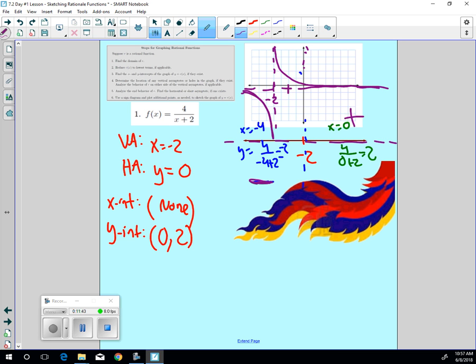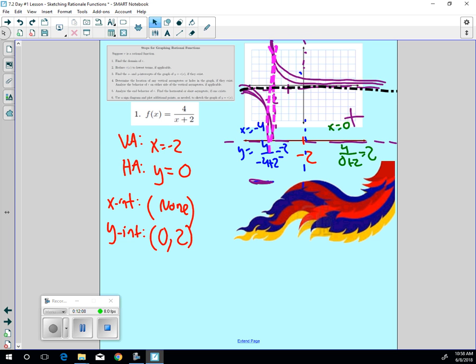I would guess that this is going to be what my graph looks like. Notice my vertical asymptote at -2, horizontal asymptote at 0. There are no x-intercepts. There is one y-intercept at 0, 2. So I guess I have to raise this up a little bit here. It's got to go through the 2. There you go. That's a graph.